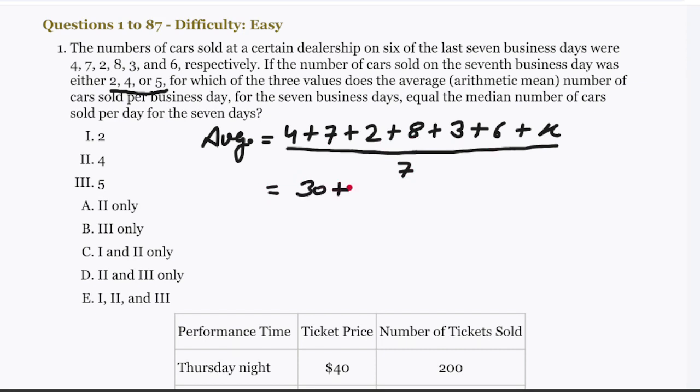That's right. 30 plus x divided by 7. Now x can be 2, 4, or 5. Now this value is going to be definitely 30 by 7 plus x by 7. Now 30 by 7 is 4 plus, 4 point something. That means my average is going to be more than 4.